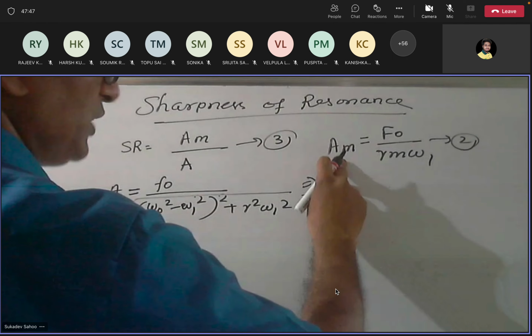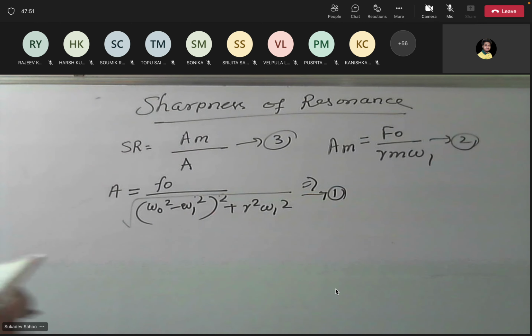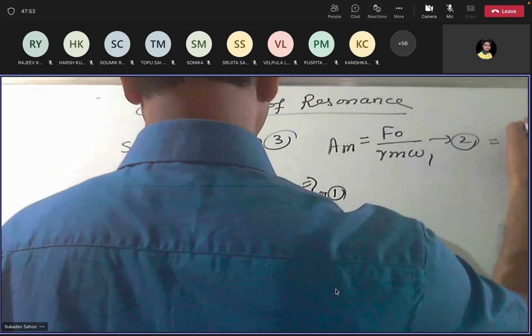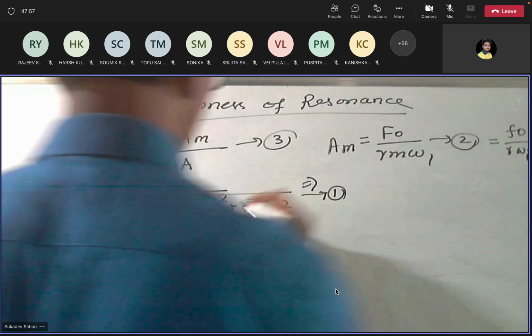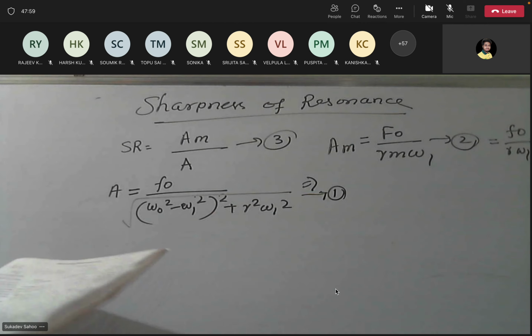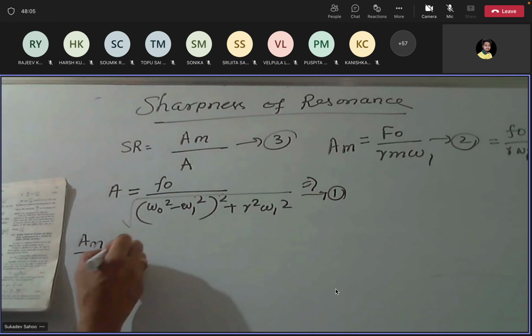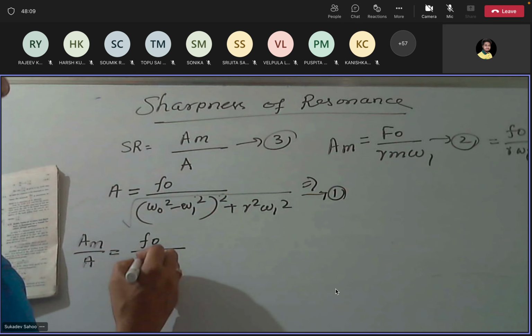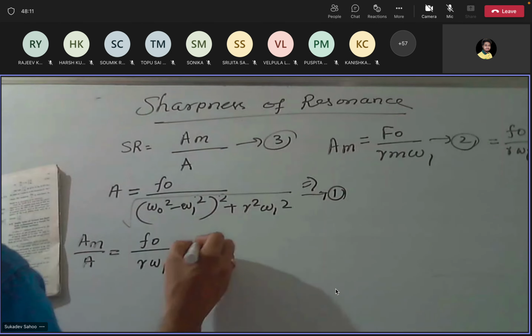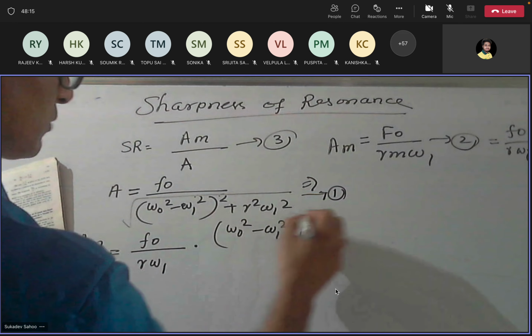The maximum amplitude, then the sharpness of resonance, you can write this also as f0 by gamma omega1. Okay. Now we will find the value of A_m by A, that is the sharpness of resonance, which we can write as f0 divided by gamma omega1 into the square root of (omega0 square minus omega1 square).